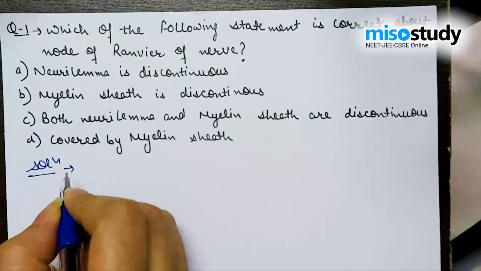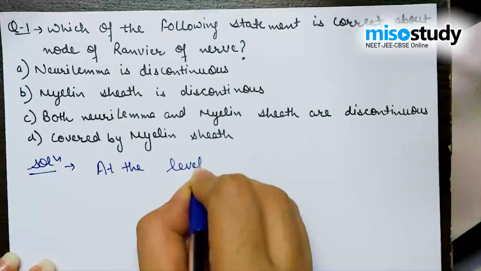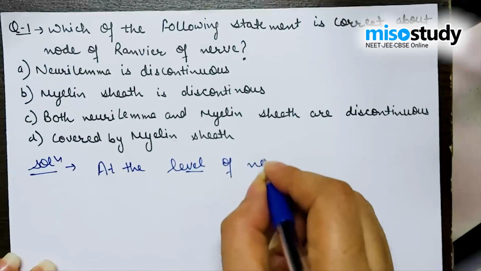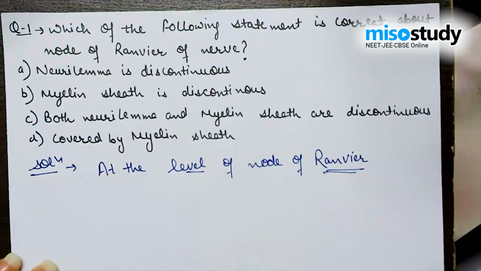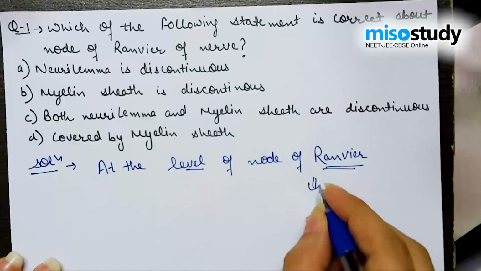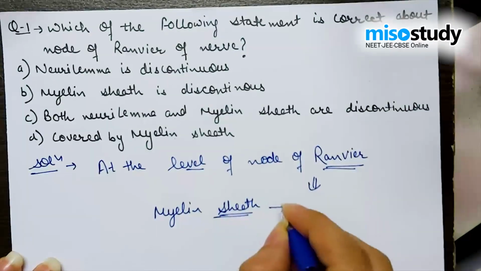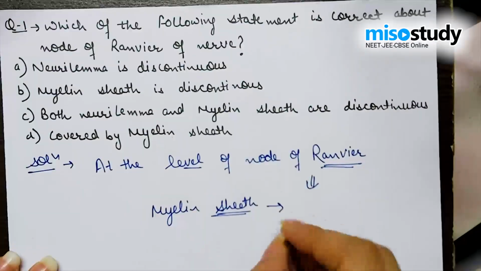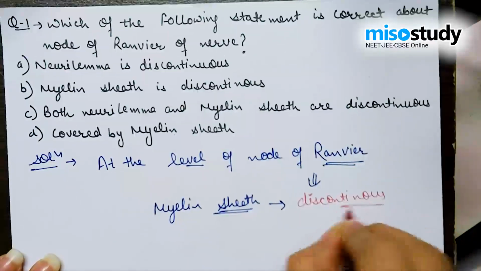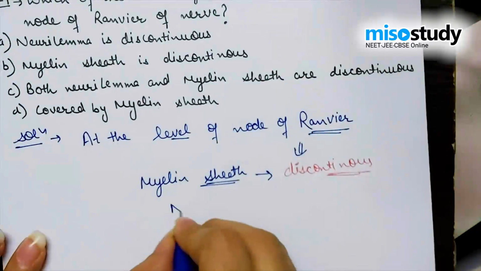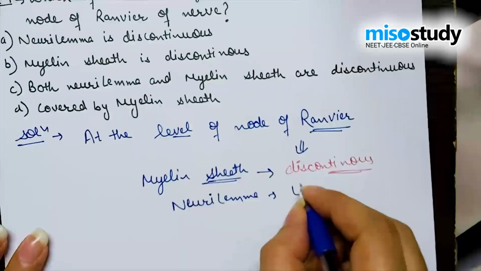To find out the solution to the given question, we all know that at the level of node of Ranvier, the myelin sheath is generally discontinuous and neurilemma is continuous.